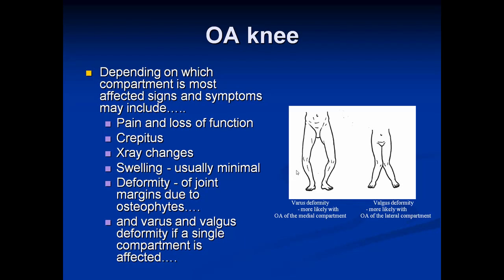Deformity of the joint margins due to osteophytes is seen in more advanced cases of OA, and varus or valgus deformity if a single compartment is affected.